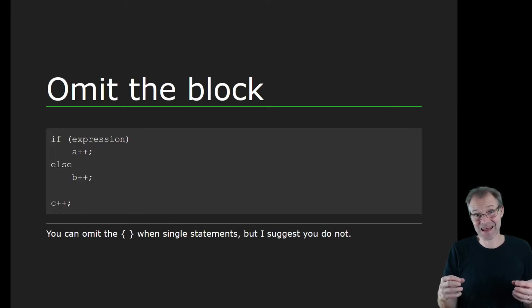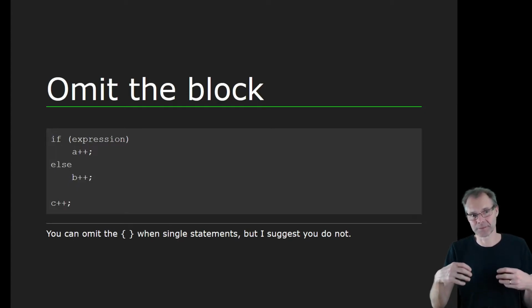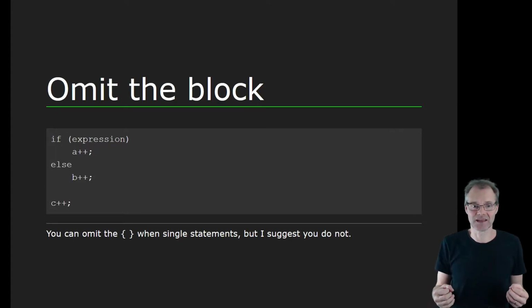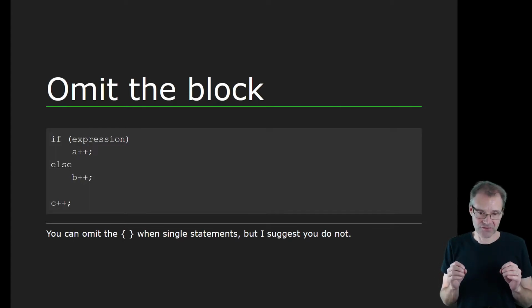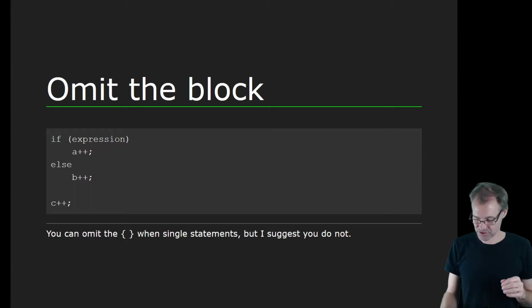That can be a bit troublesome to troubleshoot in the end. So my suggestion, for good visualization of what is actually happening in the code, is to use block statements. That's my personal point of view.